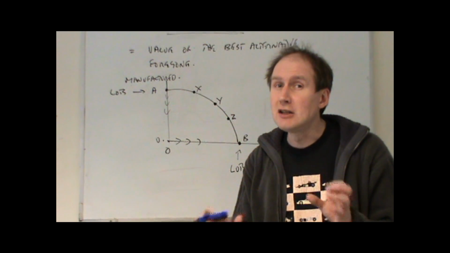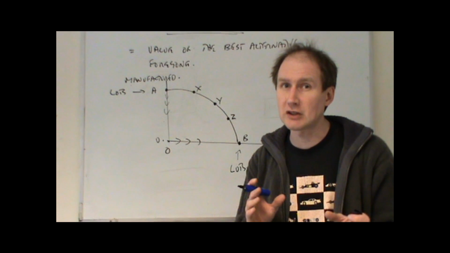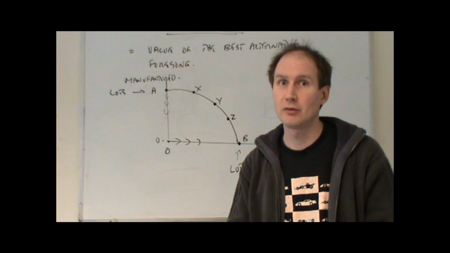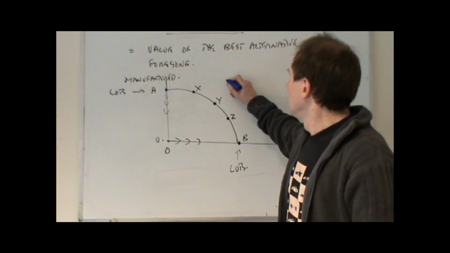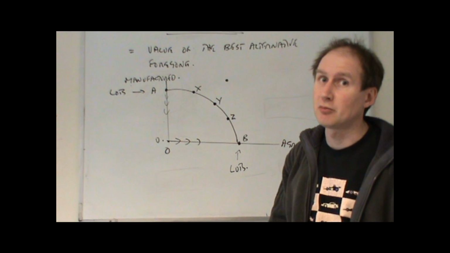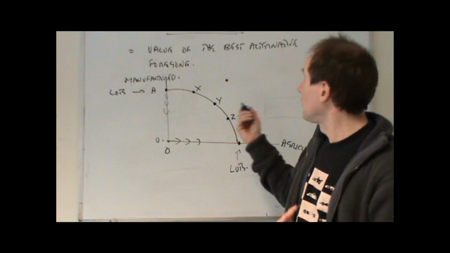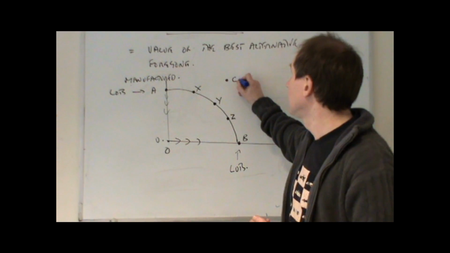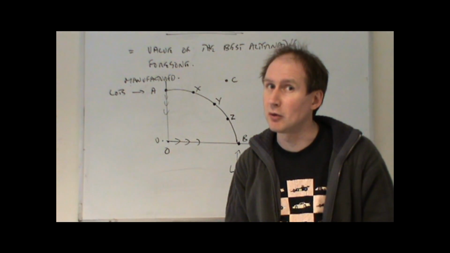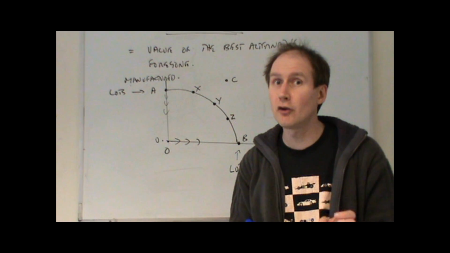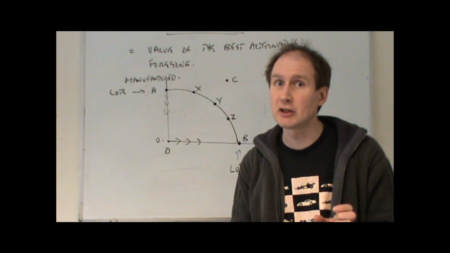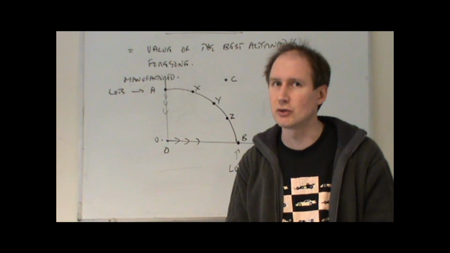X, Y, and Z reflect different choices between different societies of the use of those resources, but fundamentally, they're being fully employed. What about a point out here, a point outside the production possibility frontier? A point such as, we'll call it C. Point C can't be reached, at least not at the moment. We don't have enough resources to reach C. So hence, a production possibility frontier can show the concept of limited resources.